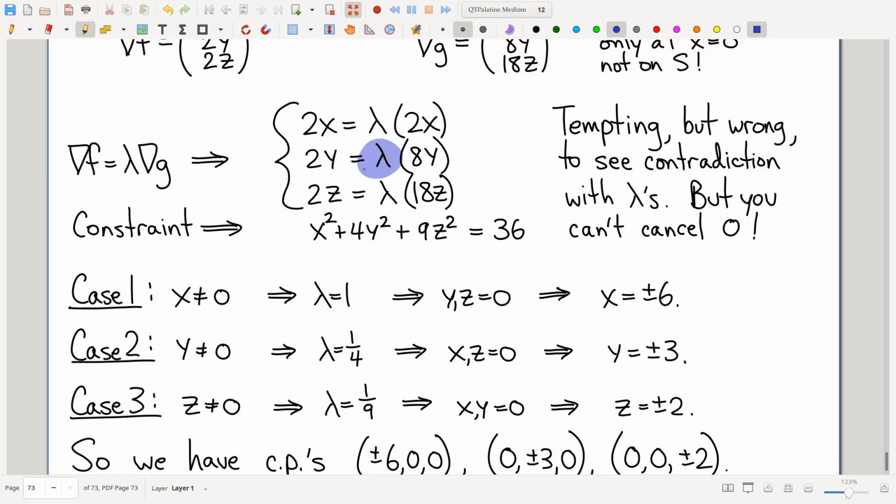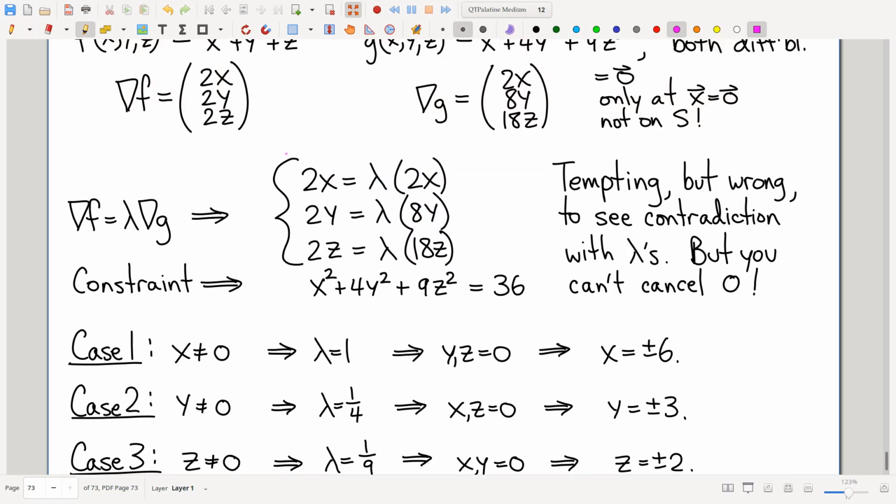It's tempting, right? You're going to want to step there. Don't step there. The only way you can argue that lambda would have to be 1 is if you know x is not 0 because you're canceling the x. You can't cancel things until you know they're not 0.